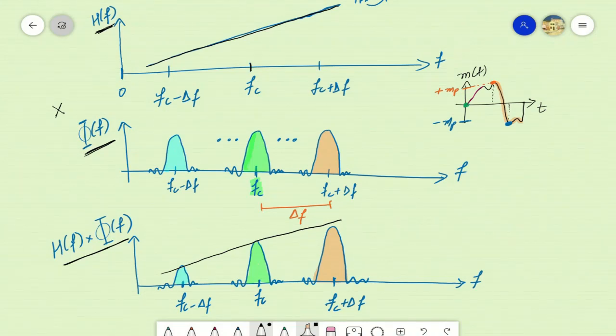When the sinc is positioned at a higher frequency, for example at Fc plus delta F, the filter will cause an increase in the power of this signal as the filter has a higher magnitude for this frequency. While when the sinc is positioned at a low frequency, for example at Fc minus delta F, the response of the filter being a low magnitude for this frequency will cause a decrease in the power of the modulated signal.